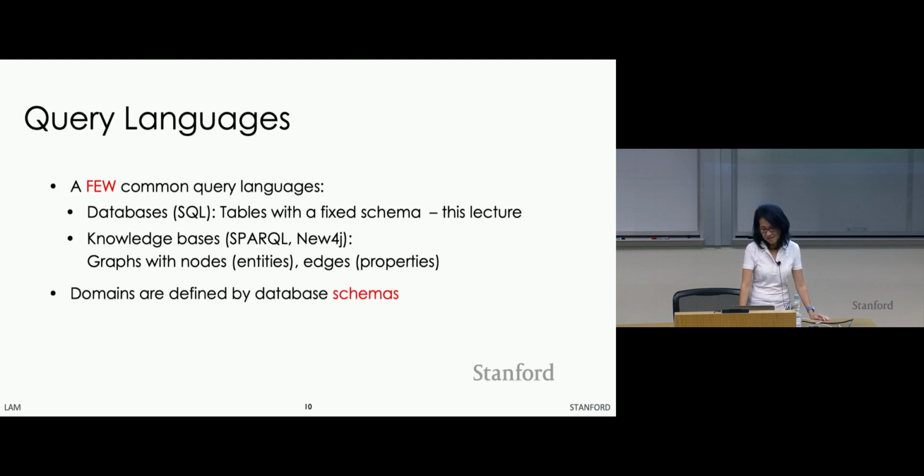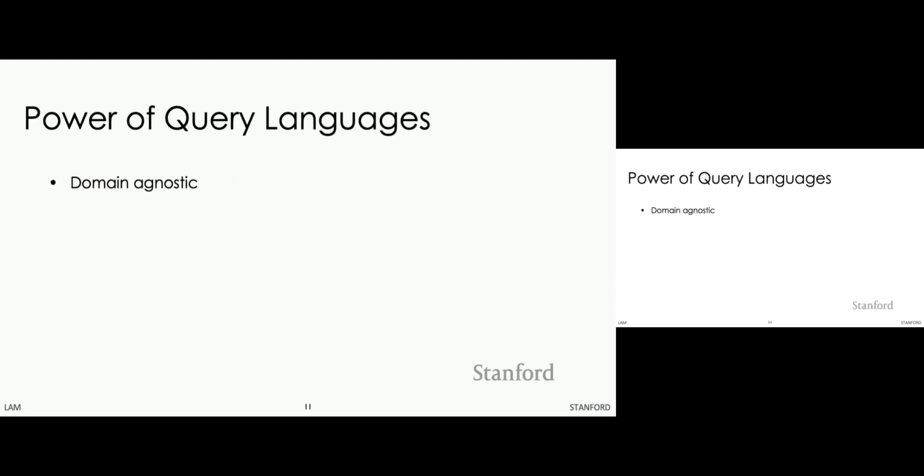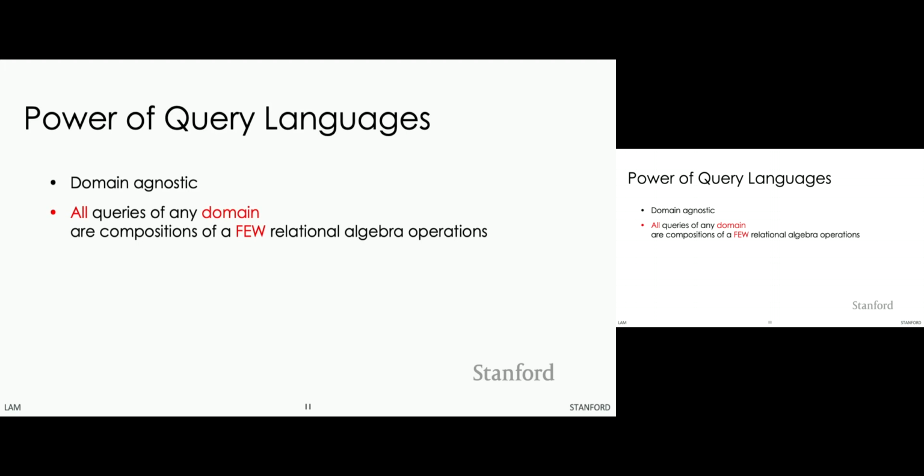The interesting thing here is that the language is the same, but the domains are specified by the database schemas. So if you want me to access a new kind of database, just give me the schema, and I will be able to do it if I know the query language. This is really powerful, and it is domain agnostic.